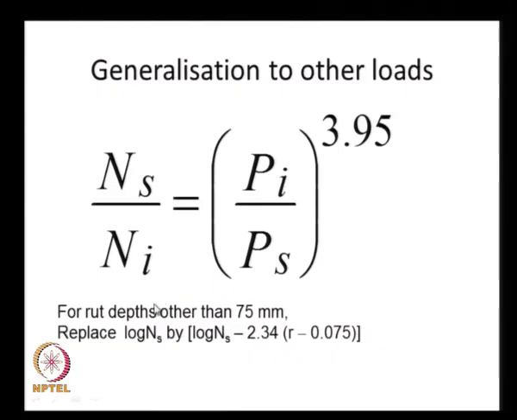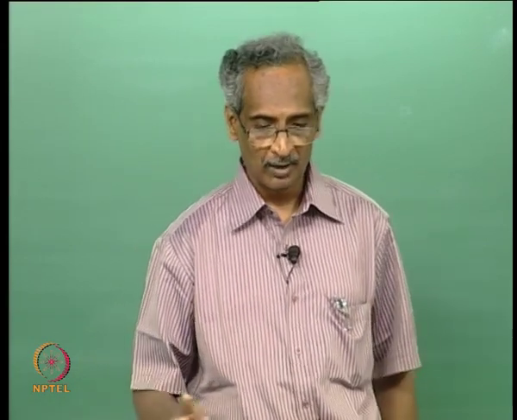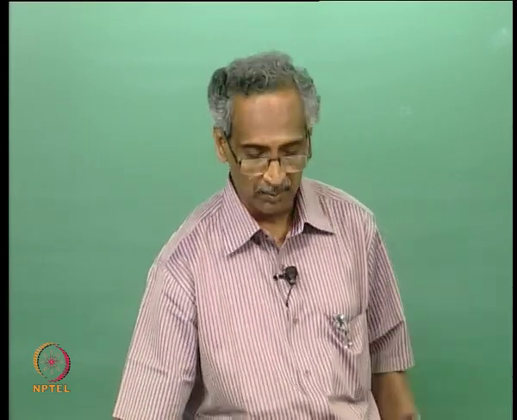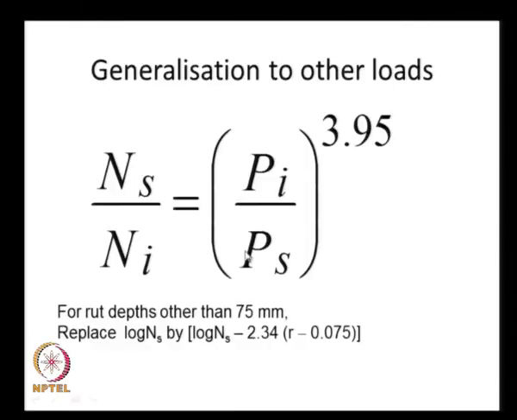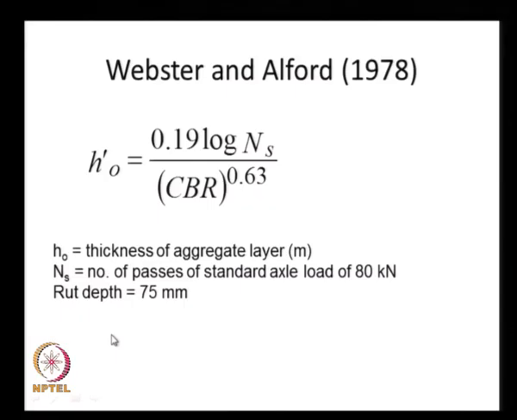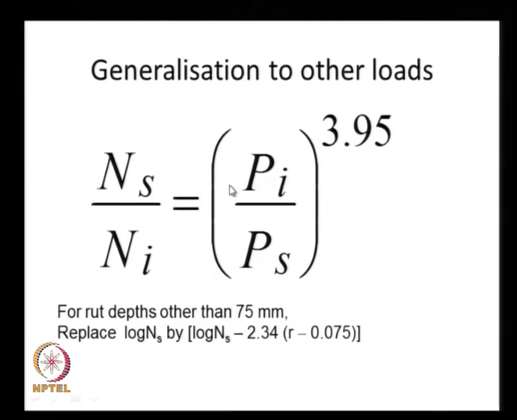And Webster and his co-workers have also given an extrapolation for other rut depths, because the previous equation is for a rut depth of 75 millimeters, and we can replace log Ns in this equation by another empirical equation like this: log Ns minus 2.34 times r minus 0.075, and this is for rut depth larger than 75 millimeters.